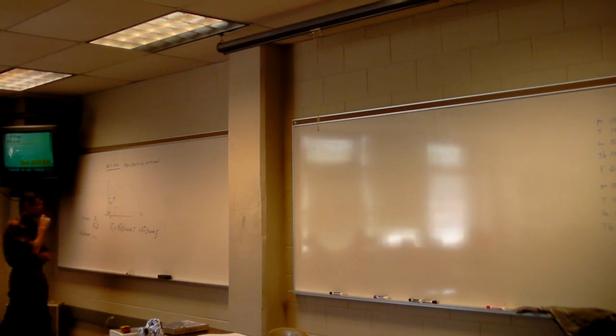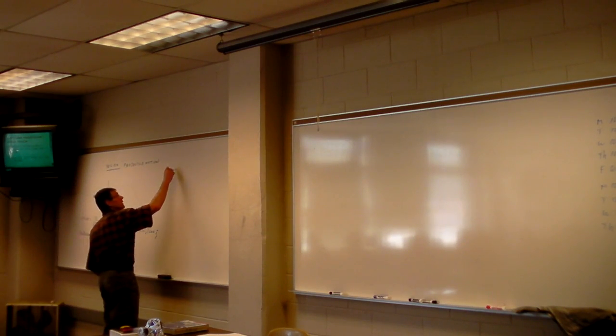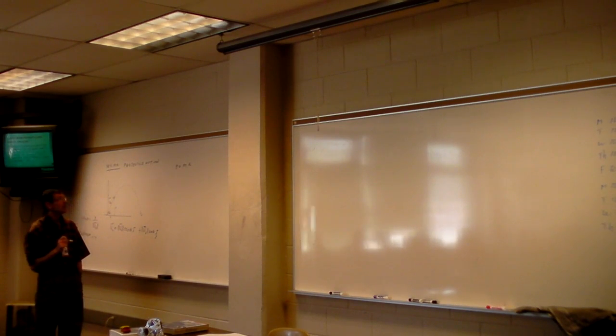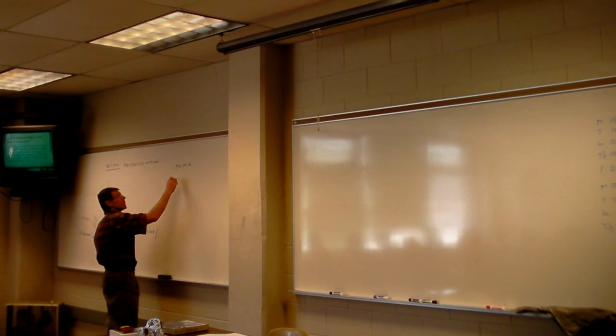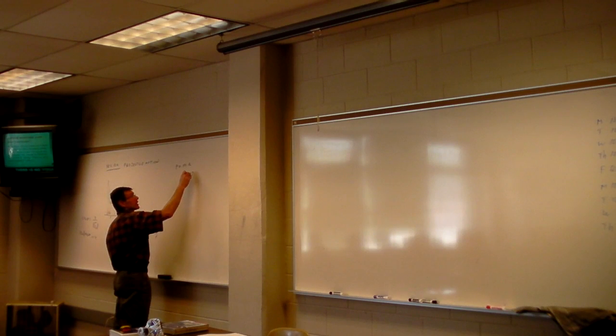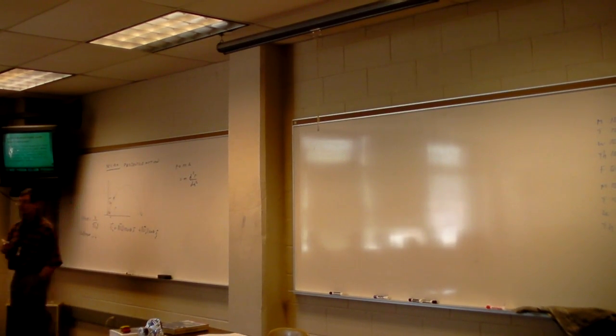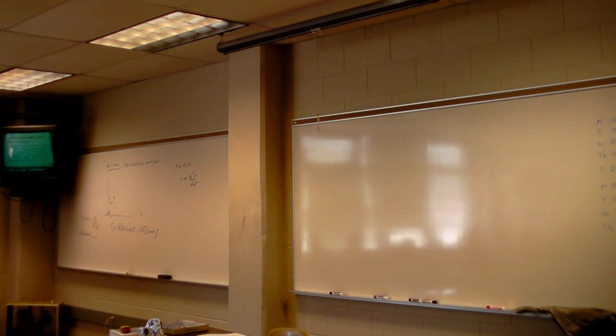Okay. Now, as soon as it leaves the gun, what happens? Gravity starts working on it. And so force is mass times acceleration, and acceleration can be written as the second derivative of its position. And what is acceleration?